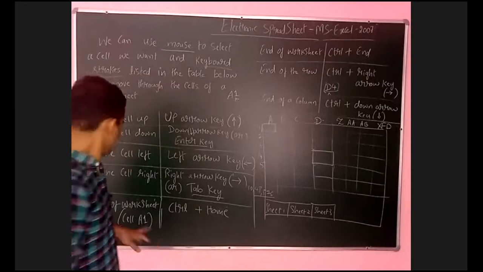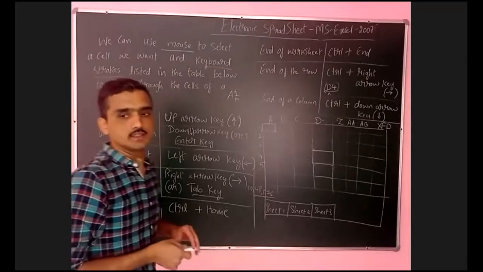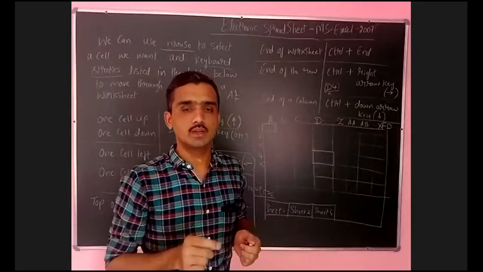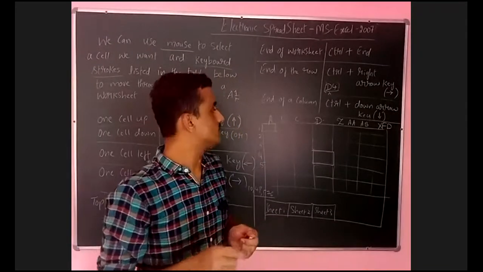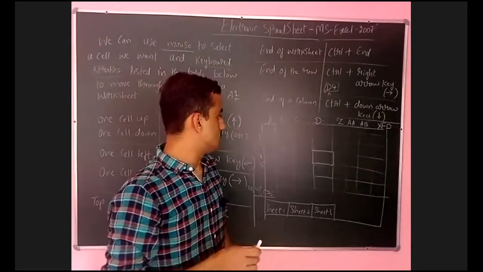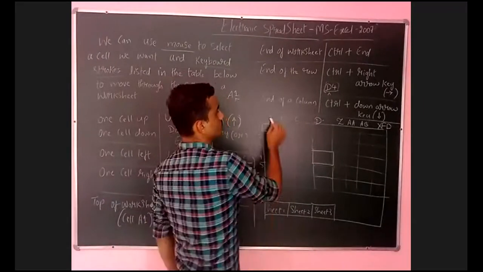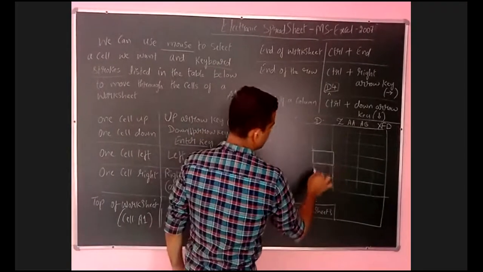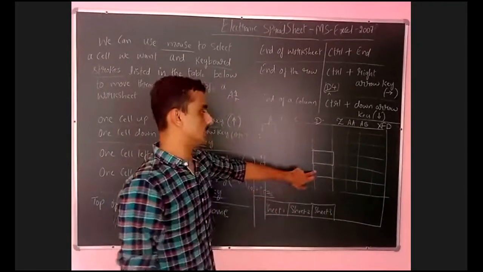That is the top of the worksheet. Say, for example, we have typed data occupying 5 columns and 5 rows, and let me consider the cell D5.